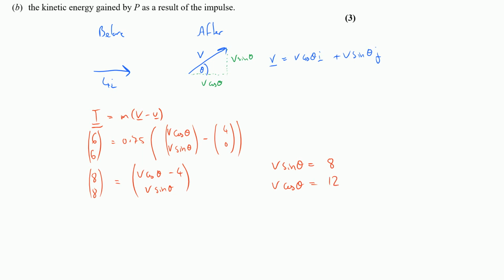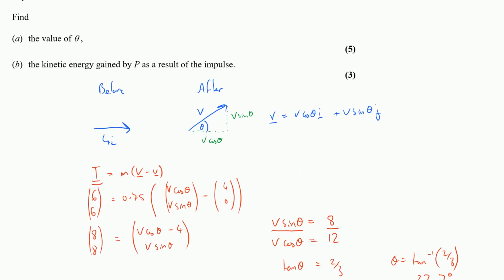Why have I written them this way round? Well, because now if I divide these equations, what I end up with is tan theta equals 2/3, or theta is equal to tan inverse of 2/3, which I'm reliably informed is 33.7 degrees.